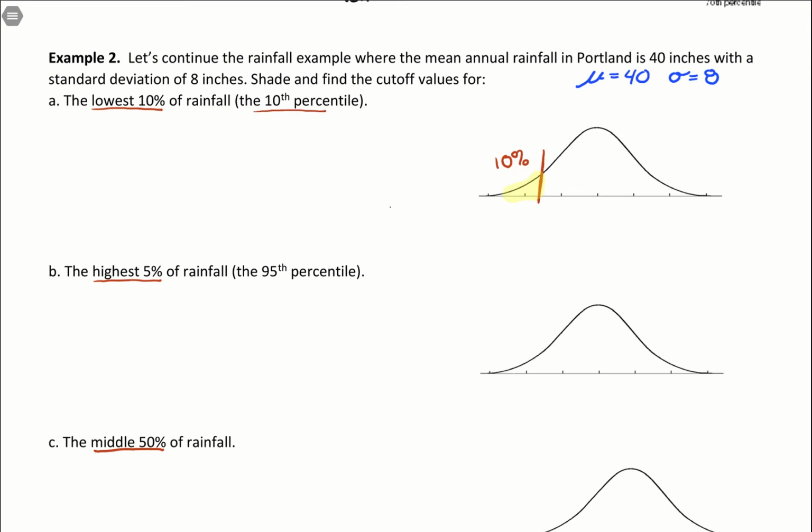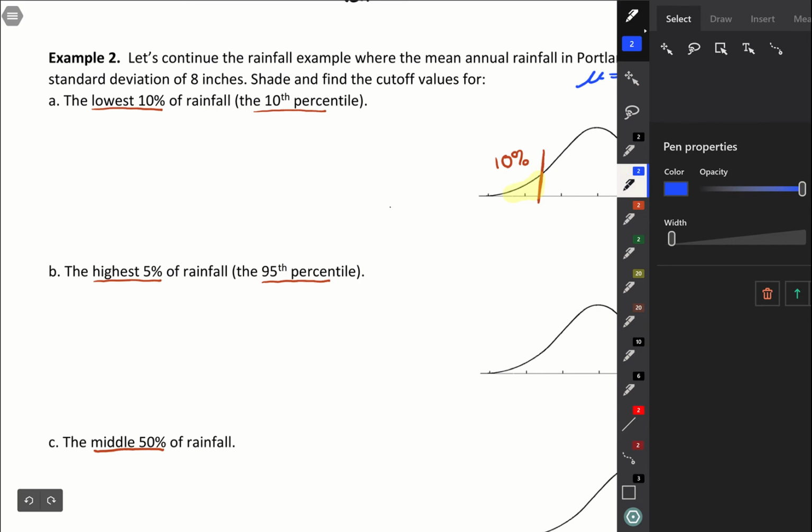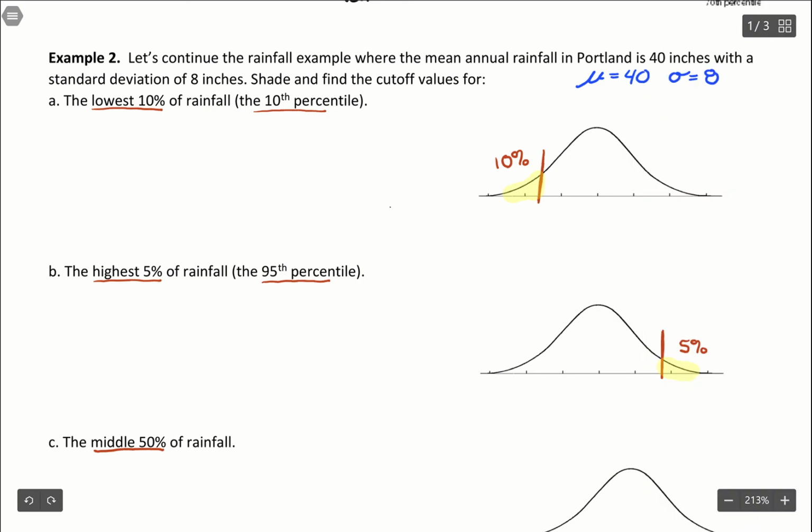For the highest 5%, we'll be on the right-hand side of our curve, describing this area to the right of 5%. Now in terms of percentile, we're going to be using our z-table, which is all in terms of area to the left. So if we know the area to the right is 5%, then we know the area to the left is 95%. So if it's highest 5%, it's also the 95th percentile.